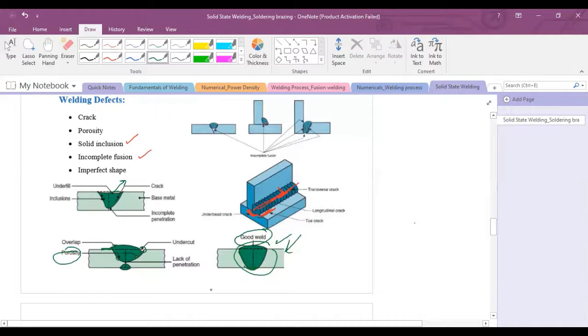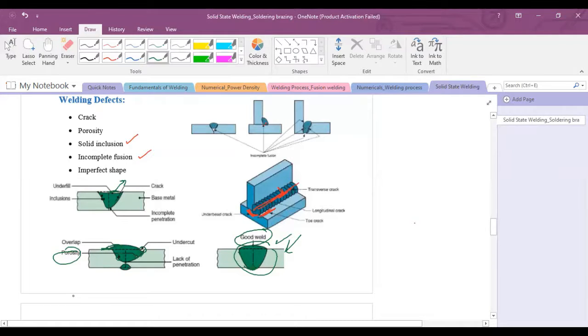Undercutting results from the melting away of the base metal. And underfilled results when the joint is not filled completely with the proper amount of weld metal. And overlapping is a discontinuity where more material is appearing over the surface of the base metal.